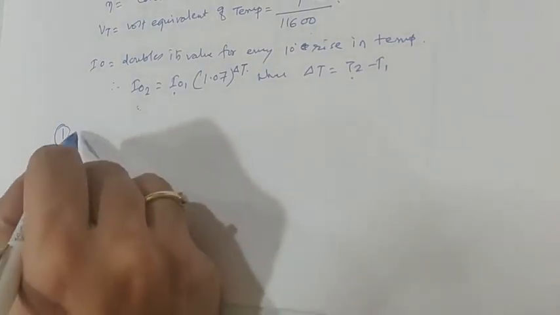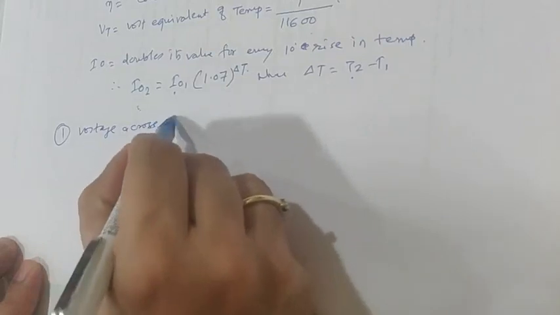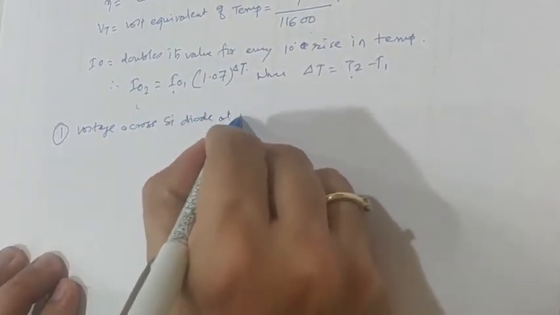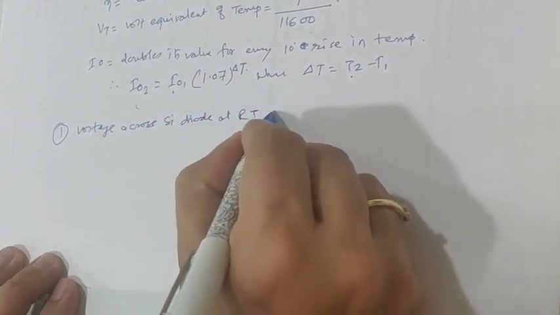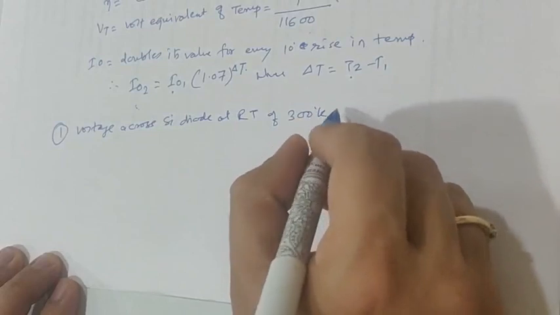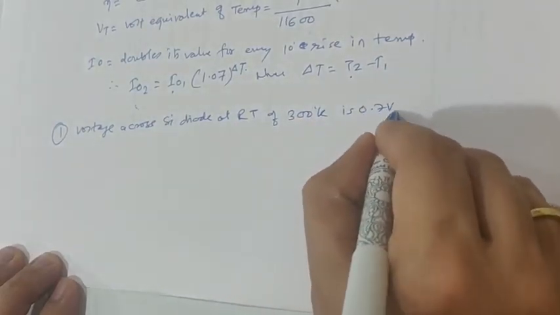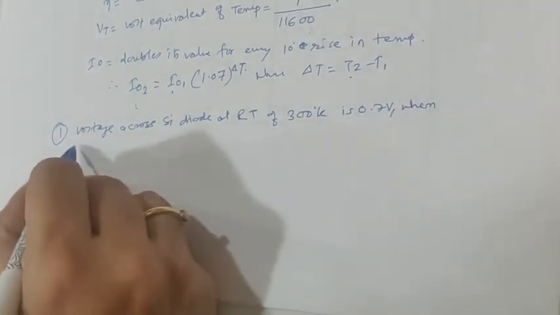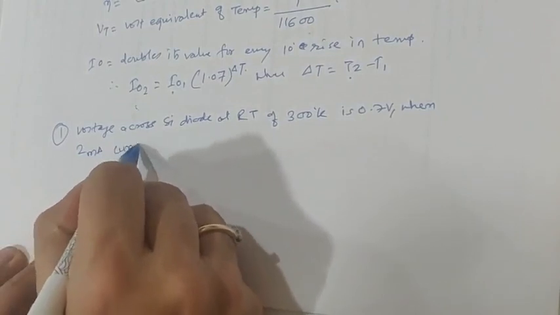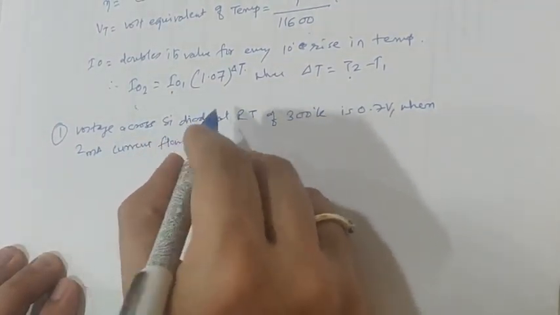Voltage across, I will write it here, voltage across silicon diode at room temperature of 300 degree Kelvin is 0.7 volts when 2 milliampere current flows through it.